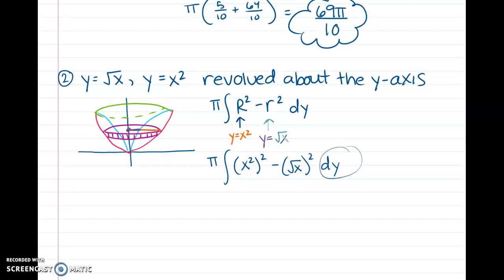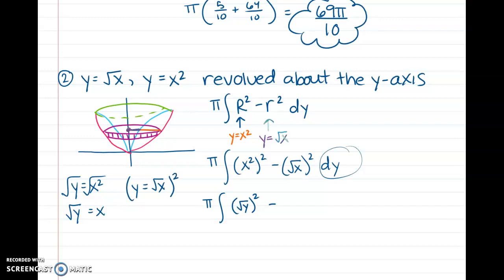So let's go back. Y equals x squared. Well, if I square root both sides, I get the square root of y equals x. So I can replace the x squared with the square root of y, because now it's in terms of y, squared, minus, and let's look at y equals the square root of x.